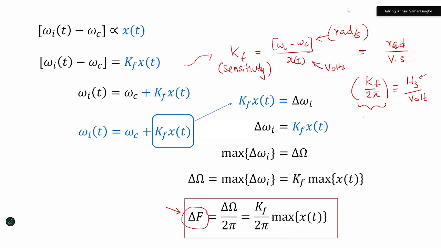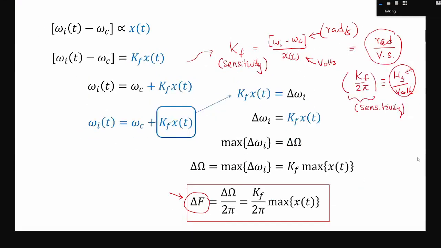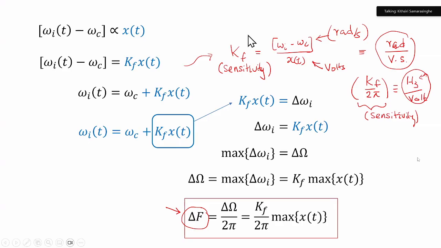This is also in this unit. Some books will give the sensitivity in this unit. Again, notice that there are two ways people give the sensitivity. But either way, it defines the amount of deviation created per unit voltage of the modulating signal by your modulator circuit, right?